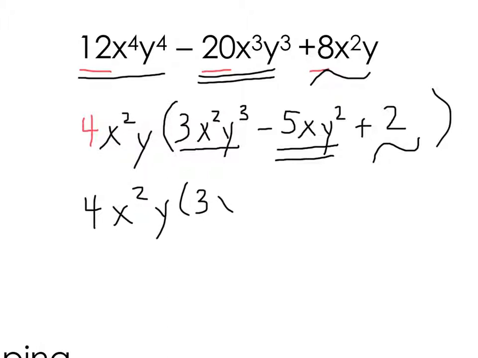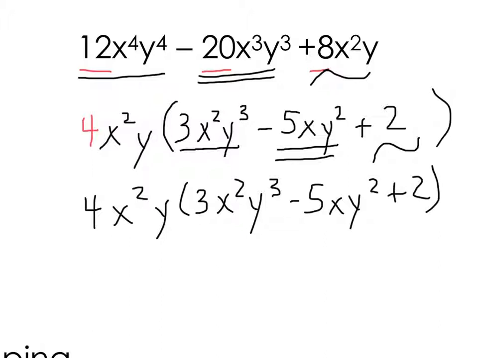So it's 4x squared y times the quantity 3x squared y cubed minus 5xy squared plus 2. And if we multiply through using the distributive property, you'll see that we get what we started with: 12x to the fourth y to the fourth minus 20x cubed y cubed plus 8x squared y.